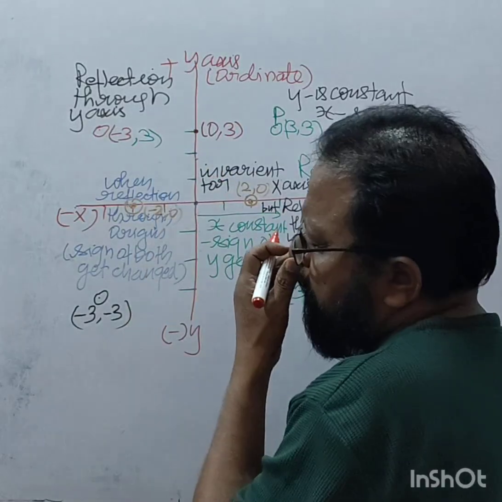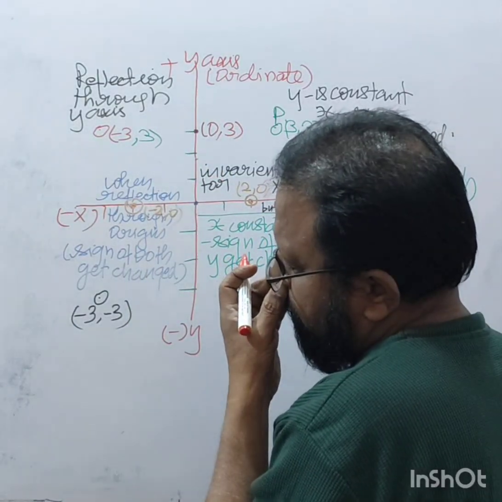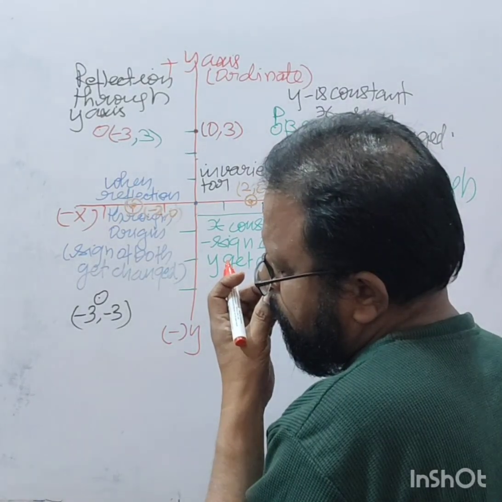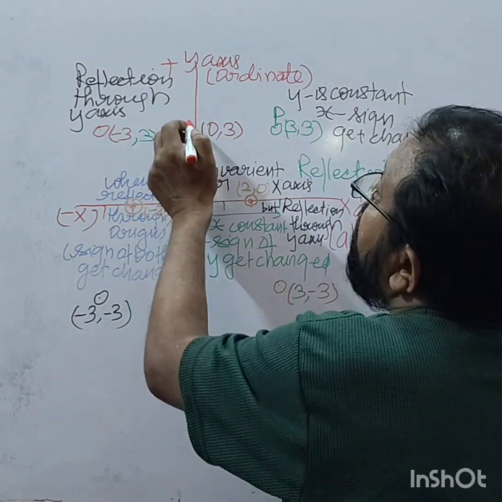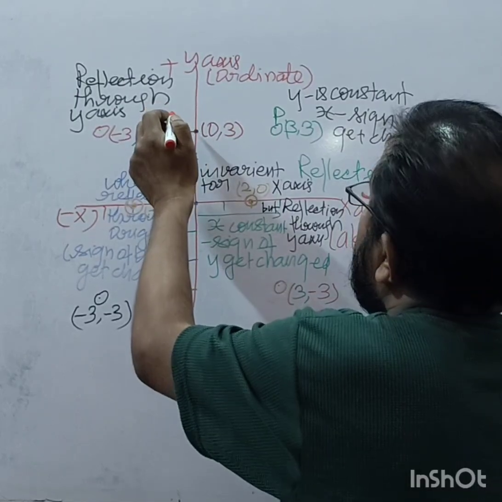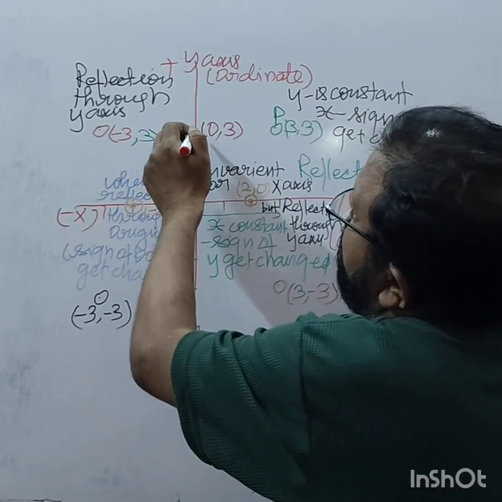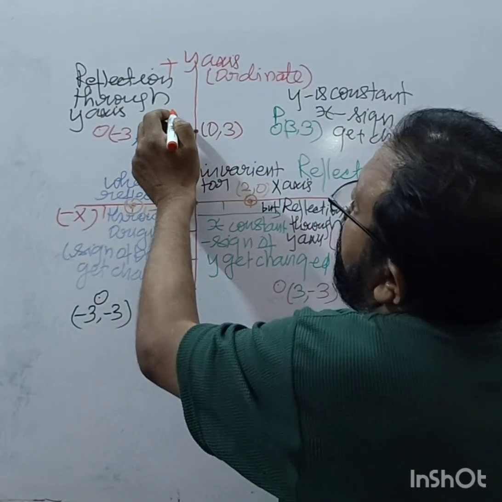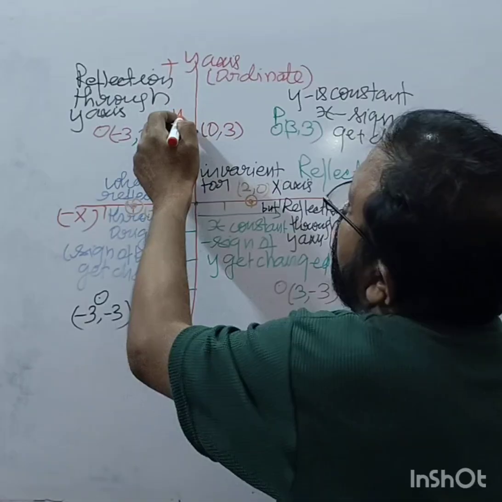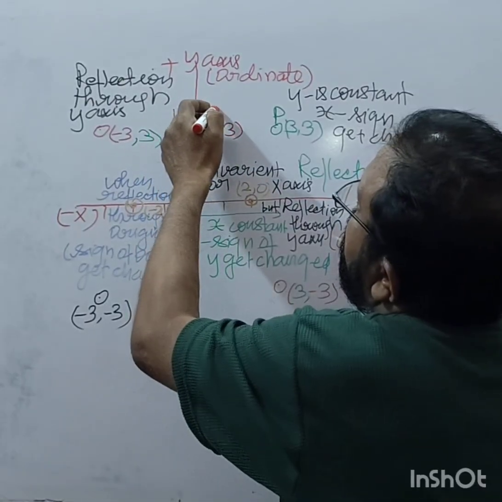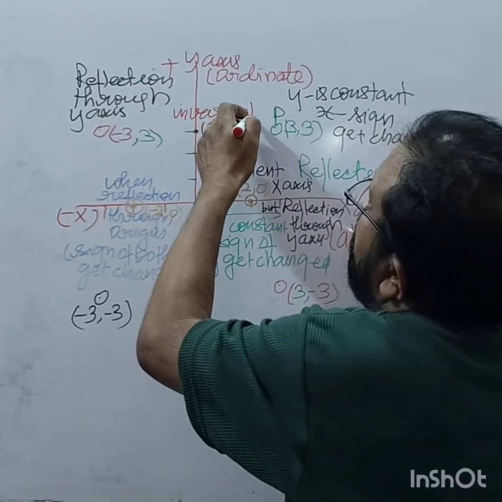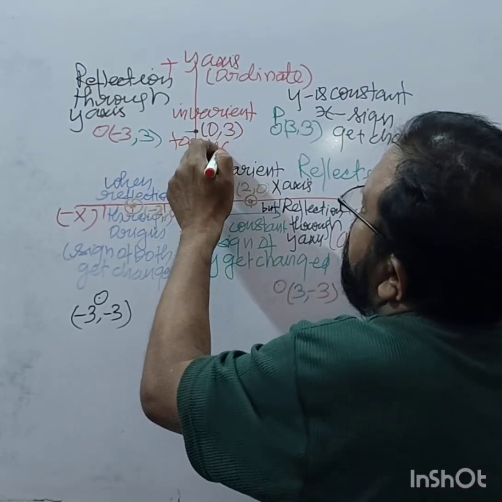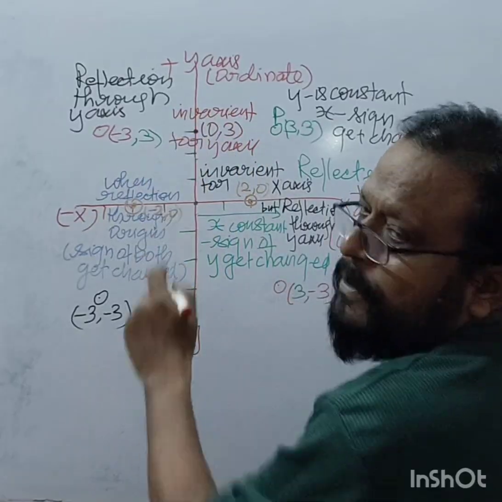So 0, 3 is invariant for the y-axis, right?